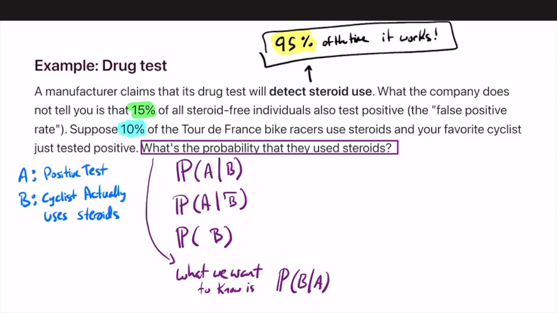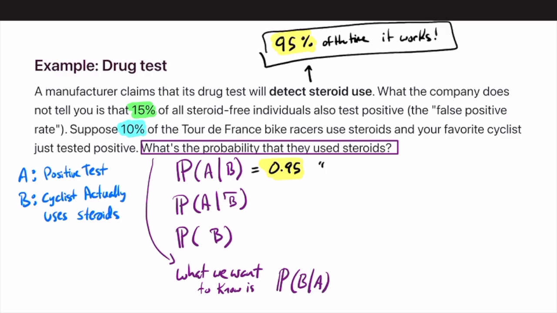Okay. So the probability of A given B is going to be 0.95. So what does that mean in plain English? Let's highlight that.